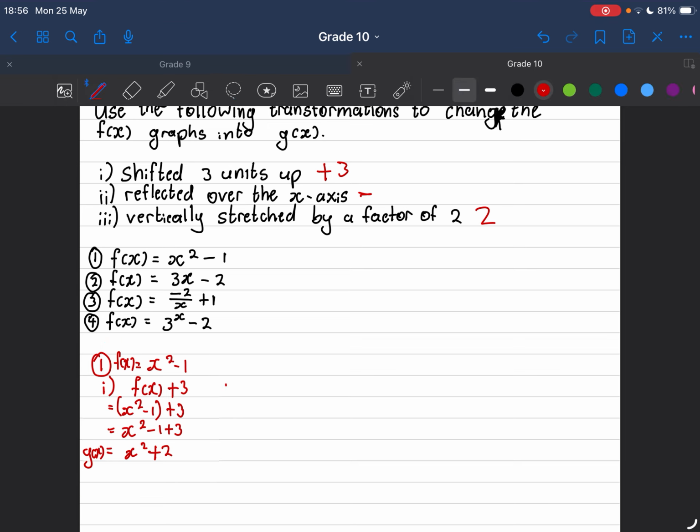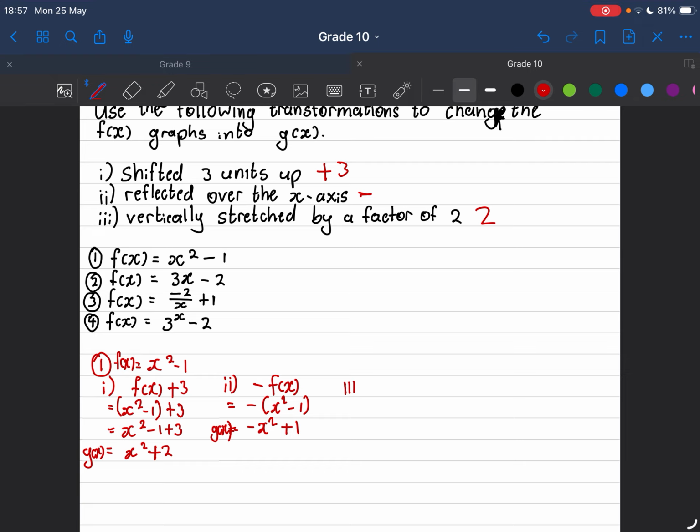Alright, let's try the second one. Now, how do you reflect over the x-axis? That means you're just going to put a negative in front of f of x. So a negative in front of x squared minus 1. If you distribute the negative, you get negative x squared plus 1. And that's going to be my g of x function in that case.